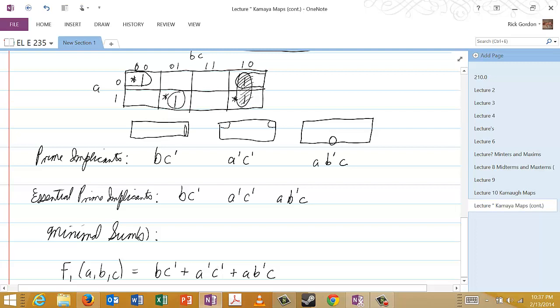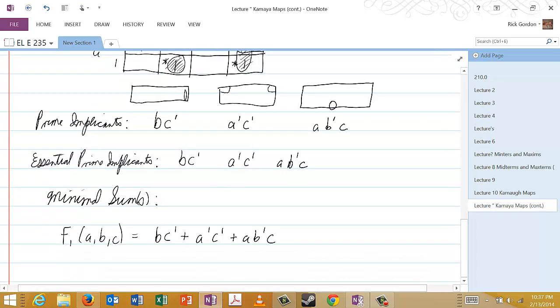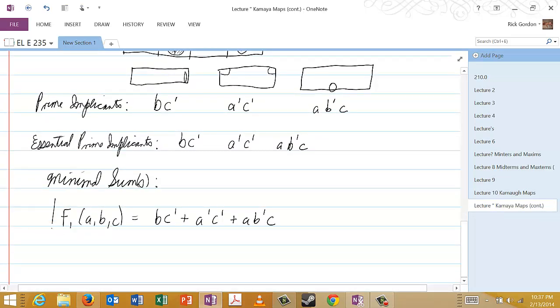By including that in my sum, I have accounted for this cell at the upper left-hand corner, and also the cell in the upper right-hand corner, but it's already shaded, so I don't need to shade it again. And finally, by including A B prime C, that's this cell right here, so now I have accounted for this cell. Are there any more cells that need to be accounted for? The answer is no, and therefore I am done. And this is our final answer.